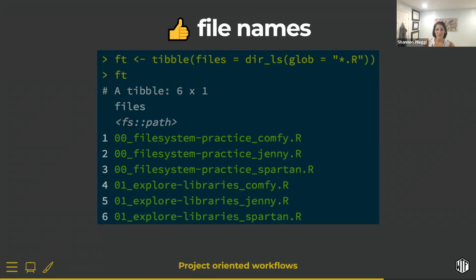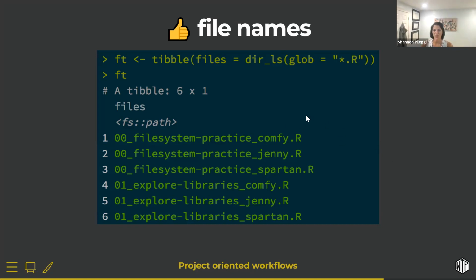So if you have these kind of good file names that maybe have left padded prefixes for something numeric and that provide context or content about what a file does, it makes it pretty easy to search through your files.